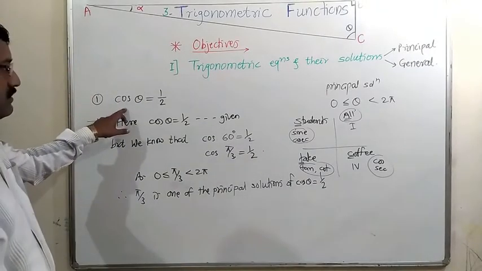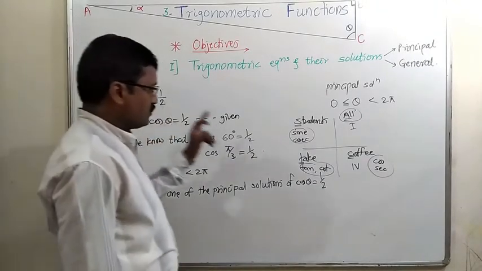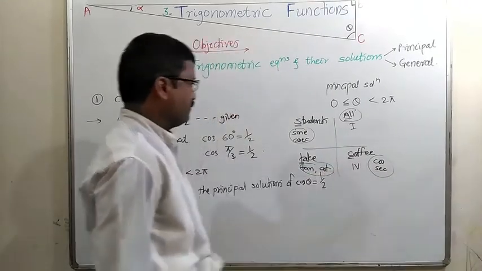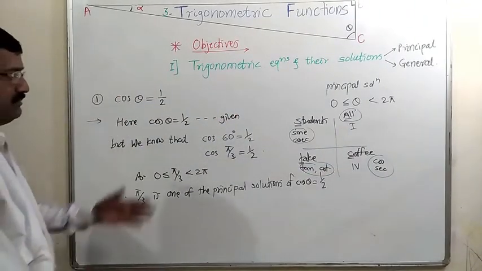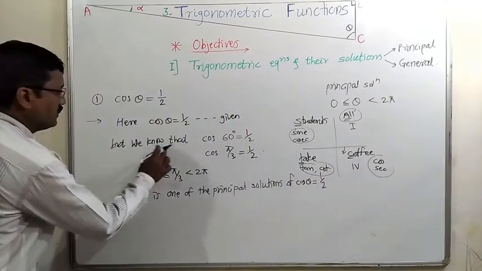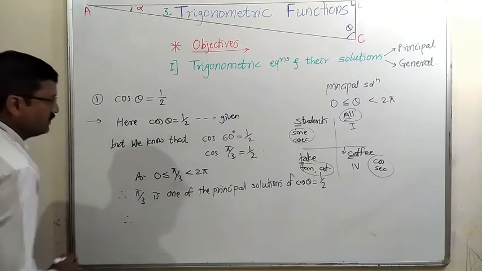In this question, the trigonometric function cosine is given. So cosine is positive in the first and fourth quadrant. So for the fourth quadrant, we can write 2 pi minus. Fourth quadrant means 2 pi minus. So let us write the trigonometric formula.